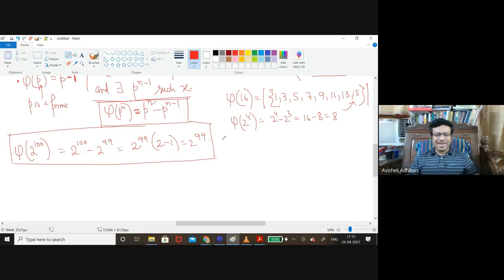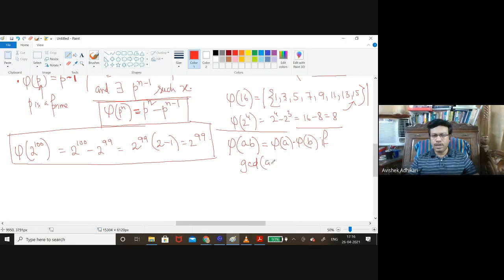Now I will just mention it now, but when I go further, I will give you the proof of this. If a and b, what is the value of phi of ab? This value is phi of a into phi of b if GCD of a, b equal to 1.